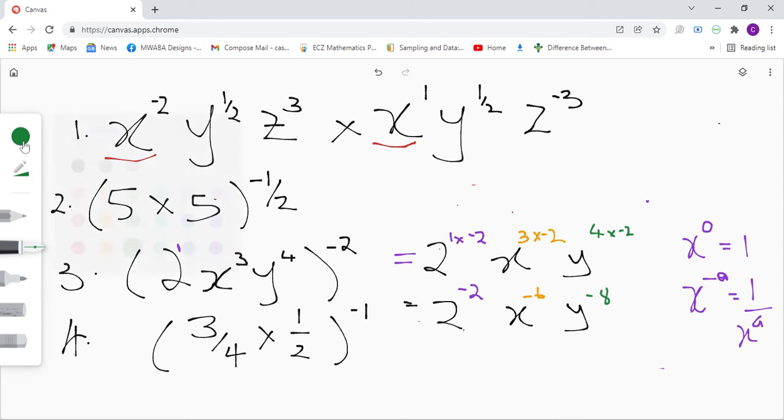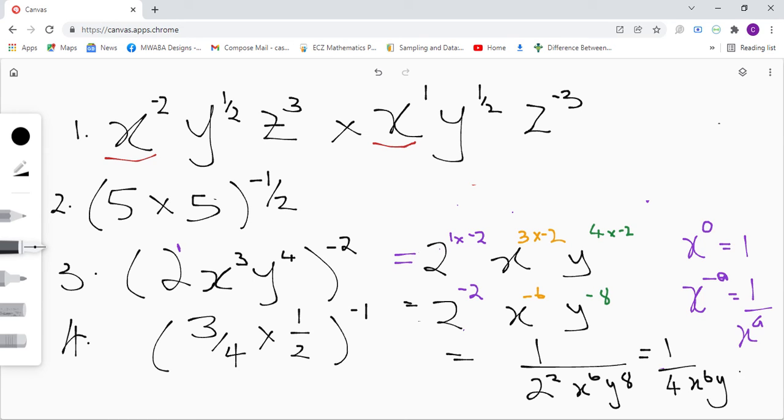So basically, it's going to be 1 over 2 to the power 2, x to the power 6, and y to the power 8. And 2 to the power 2 is 4, so 1 over 4 x to the power 6, y to the power 8. And that is our answer.